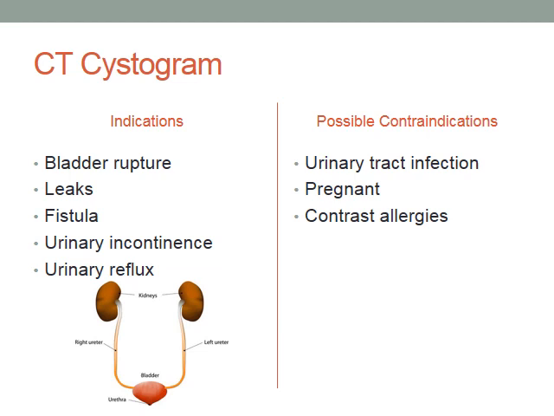Indications to use a CT cystogram study include leaks, fistula, diverticulitis, and tumors. And because the ureters and urethra are also visualized and evaluated, urinary reflux and incontinence due to blockage or other causes can be evaluated using CT cystogram.